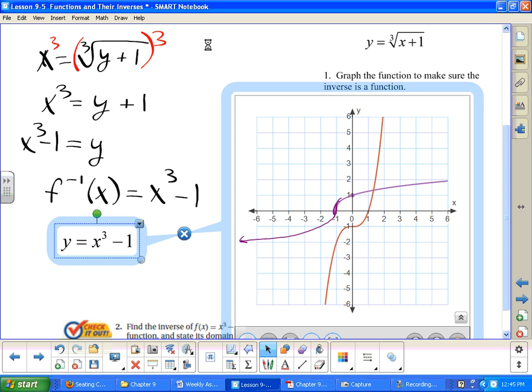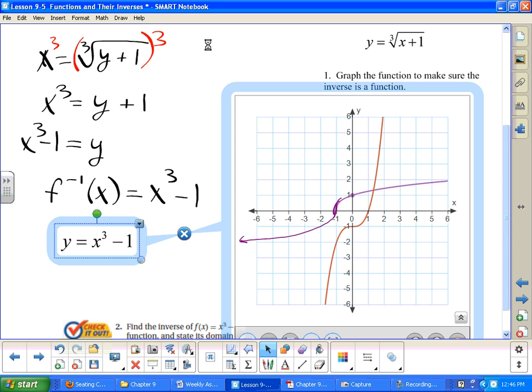Okay. All right. Does it ever stop moving left and right? Okay. There's no radical. Right. There's no x in the denominator, and there's no logarithm. Okay. As long as we don't have those three things, then the domain is all real numbers.